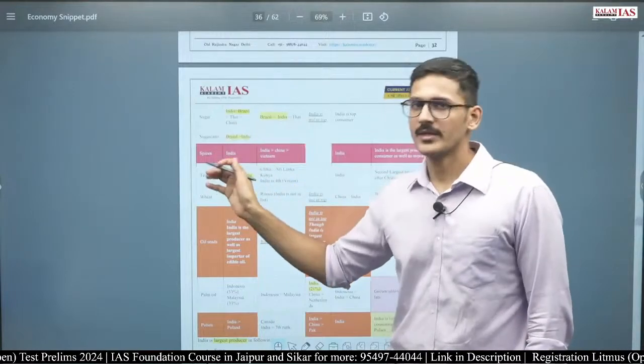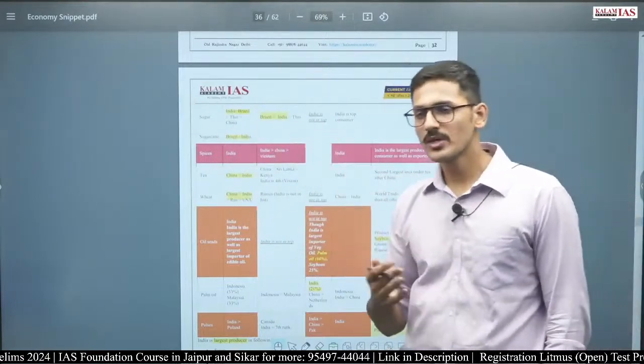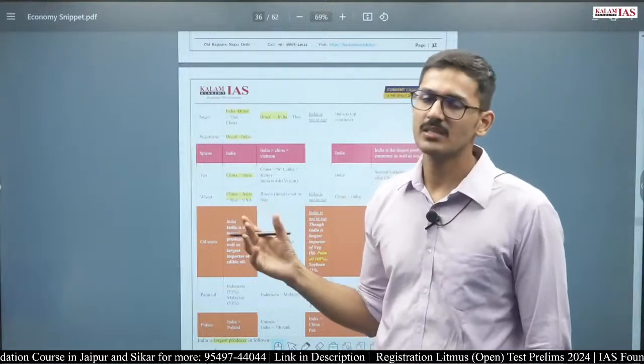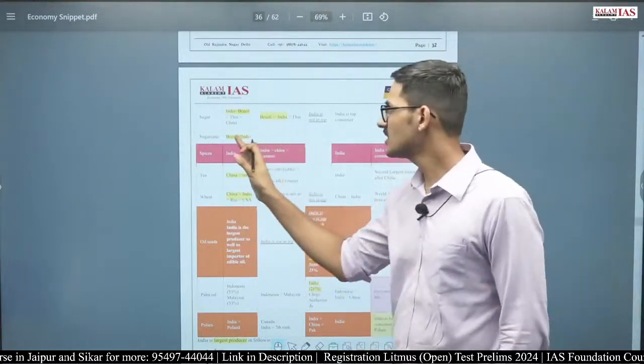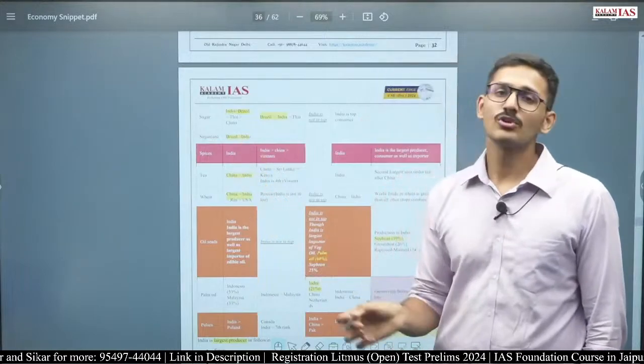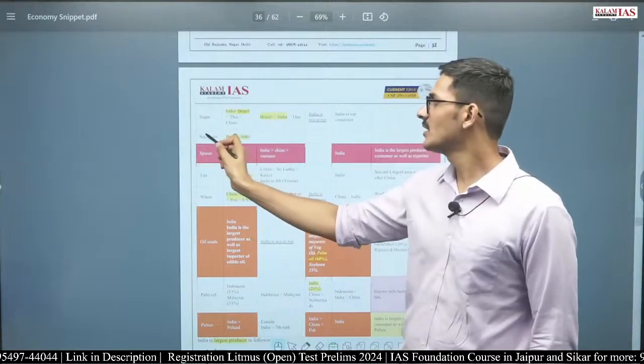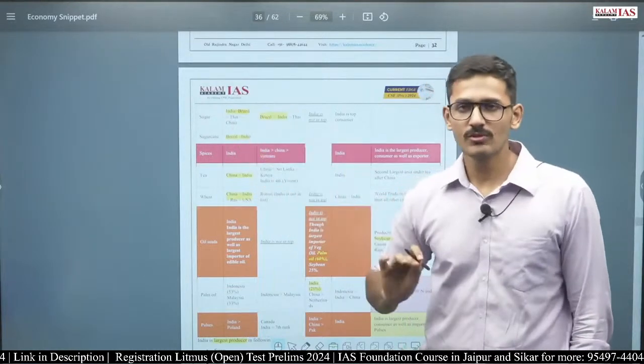Sugar and sugarcane. Sugar is made from sugarcane. The largest producer of sugarcane is Brazil, whereas the largest producer of sugar is India. Why so? Because the sugarcane produced in Brazil is not used exclusively for sugar.